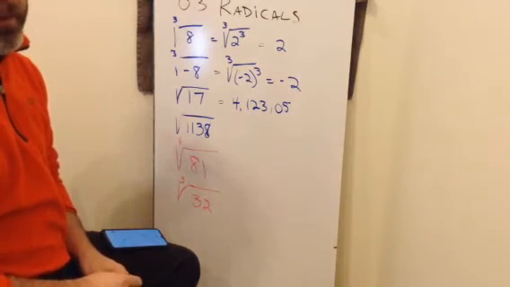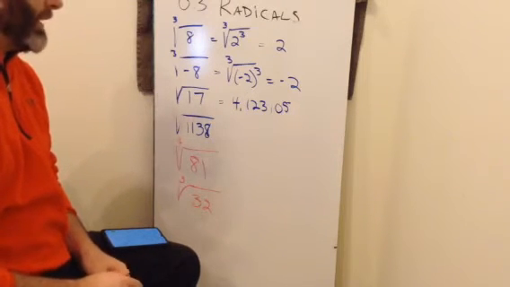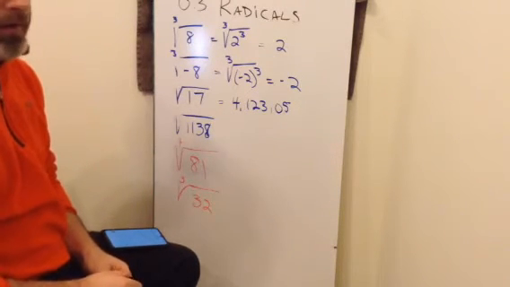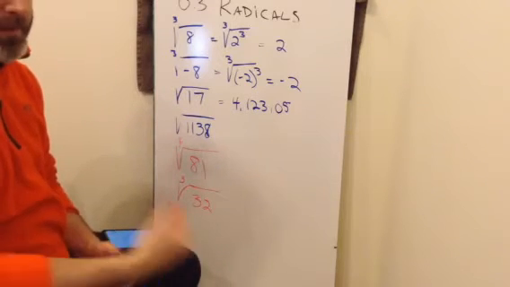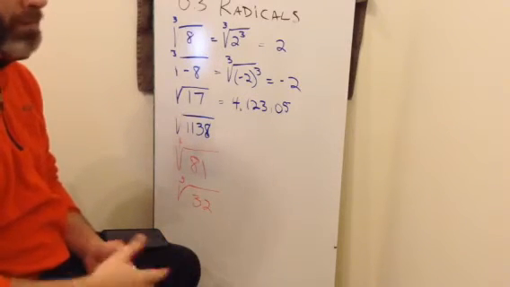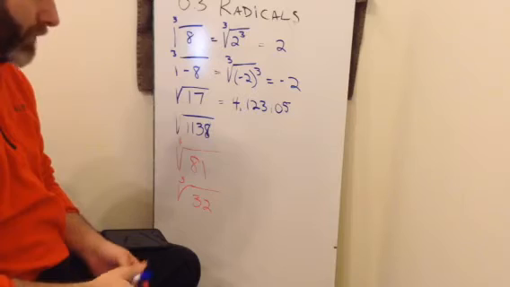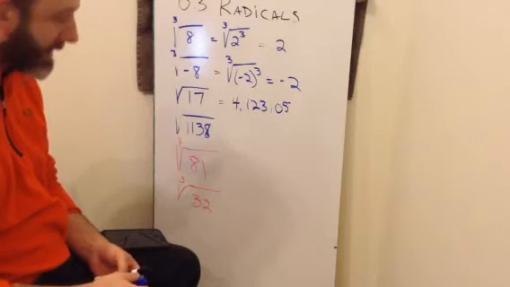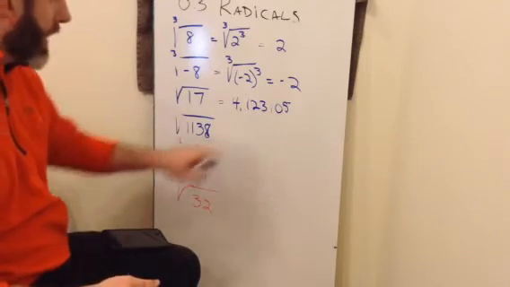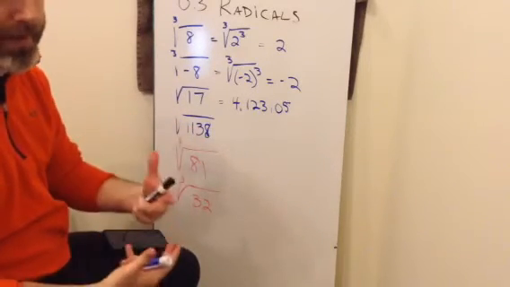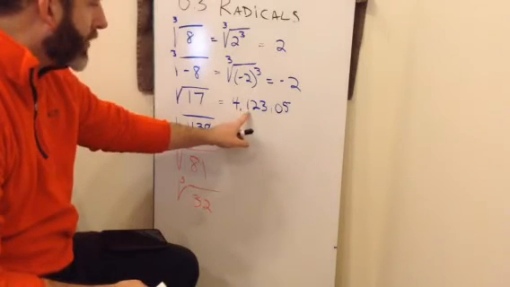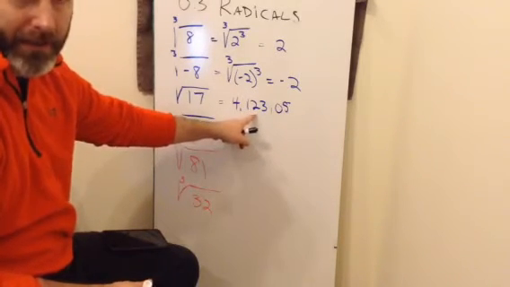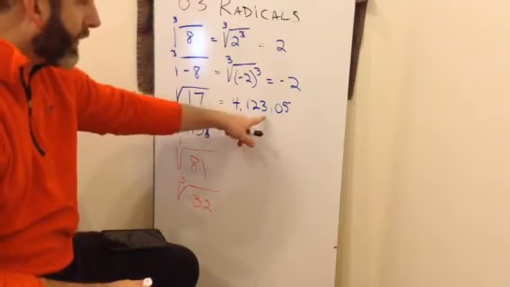Different subjects, different areas will have you round differently. For me, in chemistry, it was 3 decimal places because that's the sensitivity of the scales. In business, you round to 2 decimal places. If I ask to round to 2 decimal places, when we talk about decimal places, we're always talking past the decimal. So I look at the third. If I wanted to round to 3, I would look at the fourth.